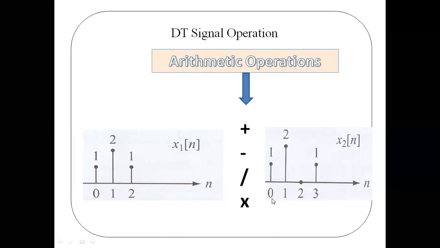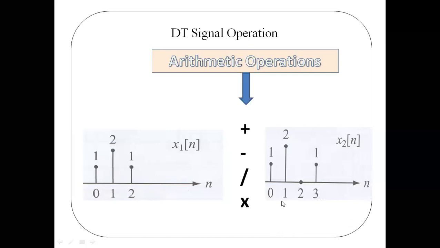At n equals 0, the addition will give us 2, 1 plus 1 is 2. At n equals 1, it should be 2 plus 2 is 4. For n equals 2, we have 1 plus 0, which is 1. And for n equals 3, we have 0 plus 1, which is equal to 1. So that should be the example when we add the signals.